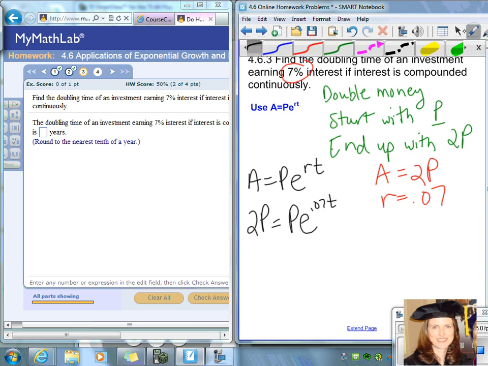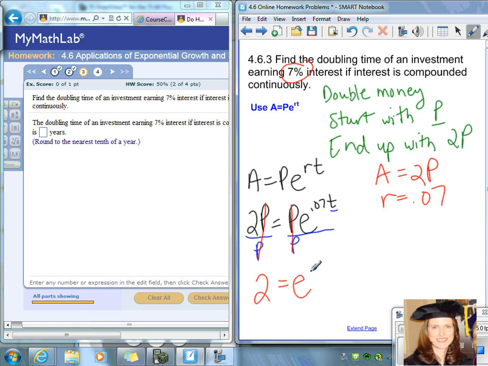That is all the information that we're given. We can solve this equation for t, find the doubling time. We do that by simplifying this equation. Notice there's a P on the left and a P on the right. We're going to divide both sides by P, and we get the equation 2 equals e to the 0.07t.